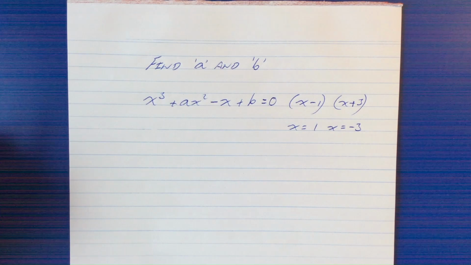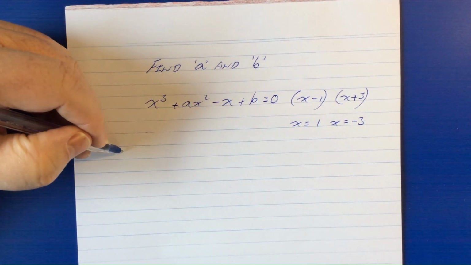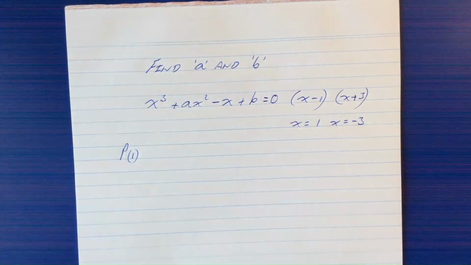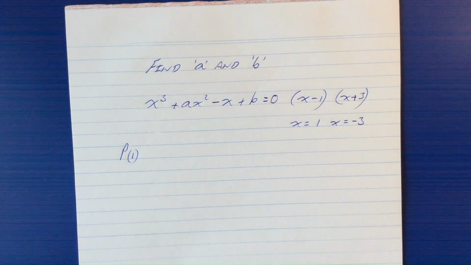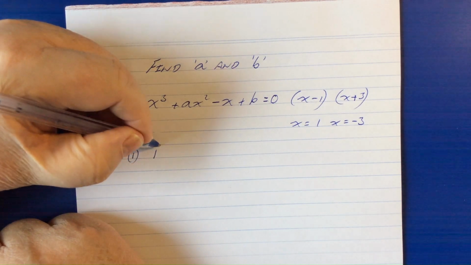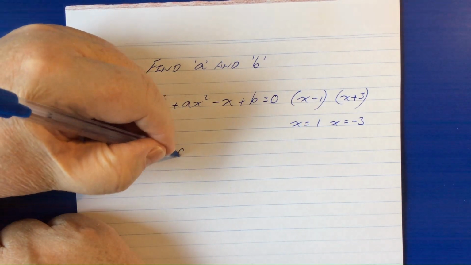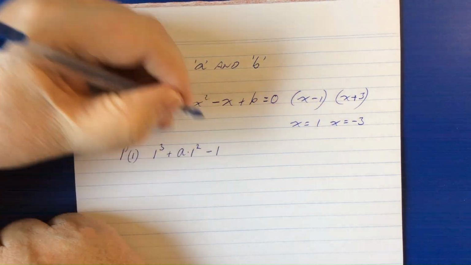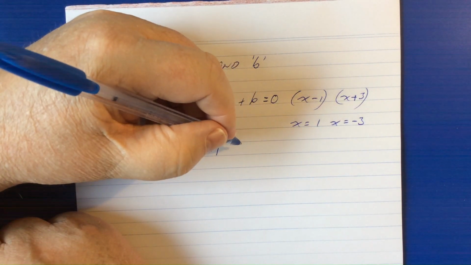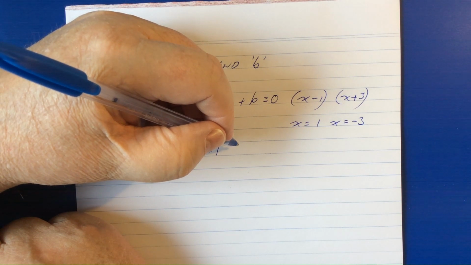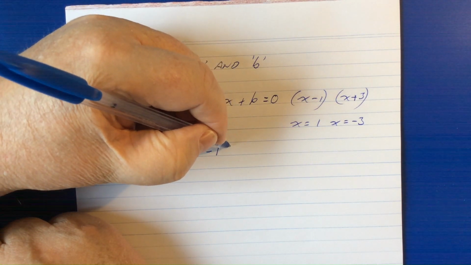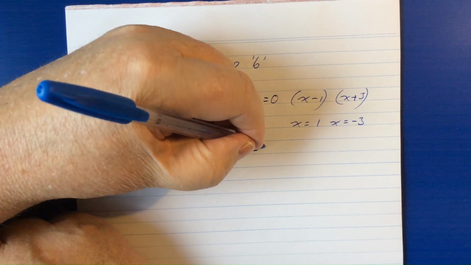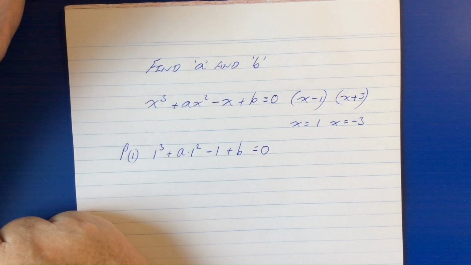Well, let's try putting 1 into this and see what we get. Well, 1 cubed plus a times 1 squared minus 1 plus b, and that equals 0.